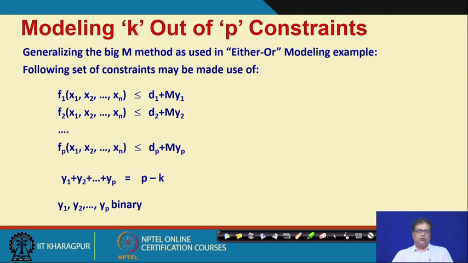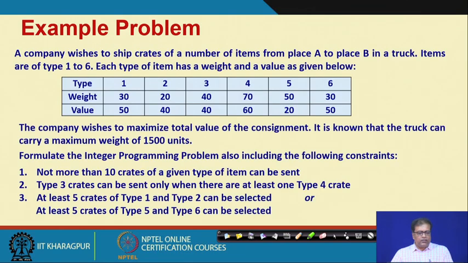This is how we model either-or constraints, or in a generalized way, k out of p constraints. Once we know this, let us take an example problem.